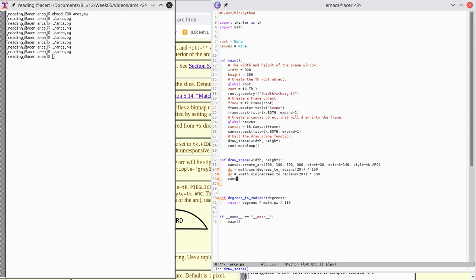So now I want to do a canvas dot create arc, and let's see. So it's 200 plus dx is the left-hand side of the bounding box.